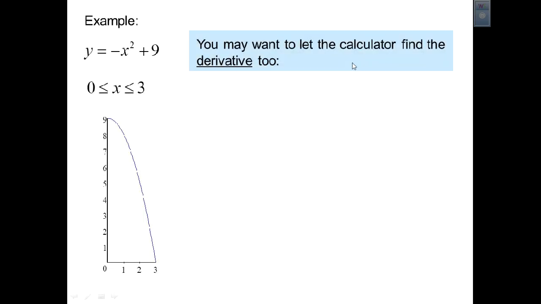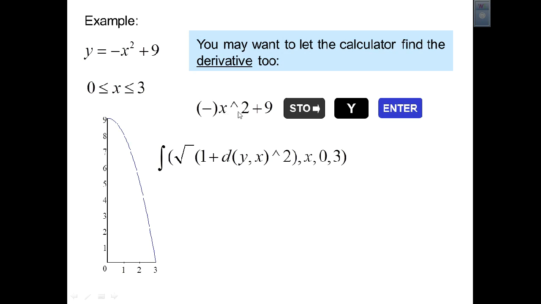Now, you can also let the calculator find the derivative too, even though in this case you really wouldn't have to. You could put that in and store it as your y value, and then put this into the calculator. But that kind of defeats the whole purpose of you being ready and prepared to set the thing up.